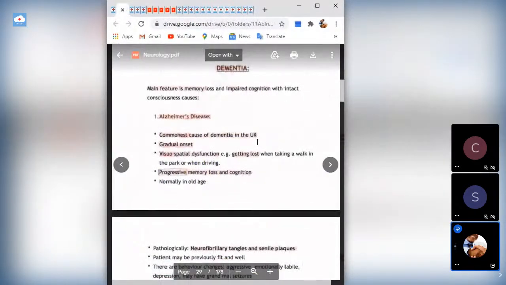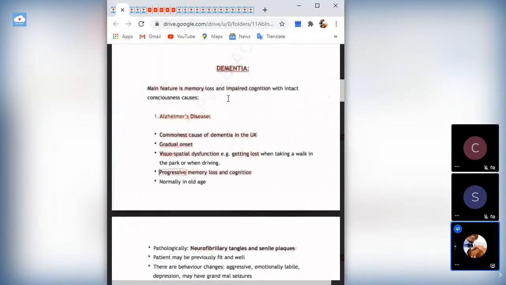The main feature of dementia is memory loss, but there could be other impaired cognition. The hallmark is that despite the impairment of cognition, this patient is still conscious. Consciousness is intact.